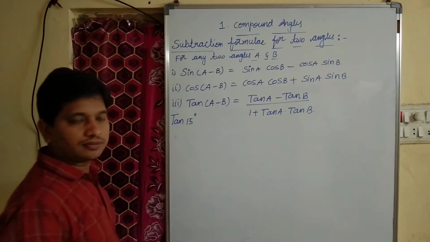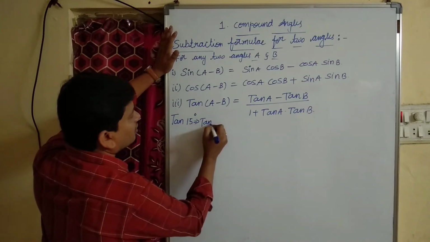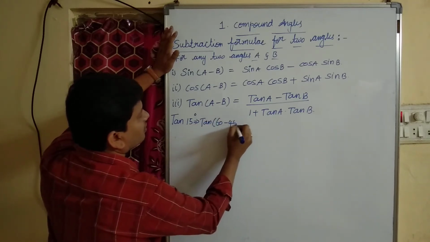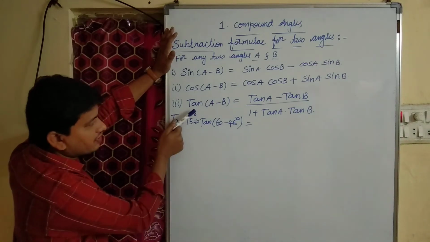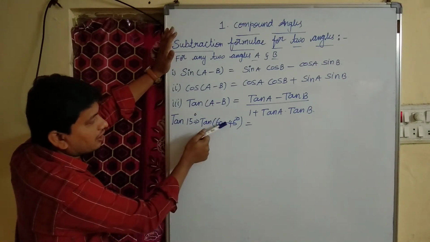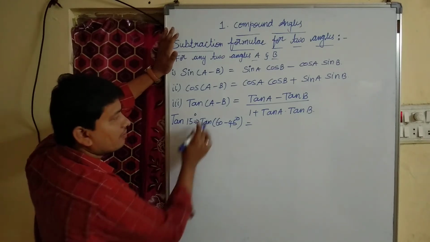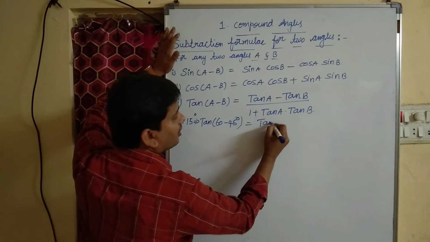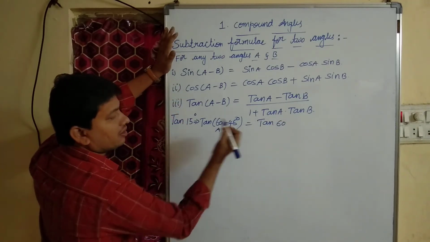Similarly, let us find the value of tan 15 degrees. We can write tan 15 as tan(60 minus 45). Now, if you observe this, it is in the form of tan(A minus B). So we have the formula of tan(A minus B), where A is 60 degrees and B is 45 degrees.